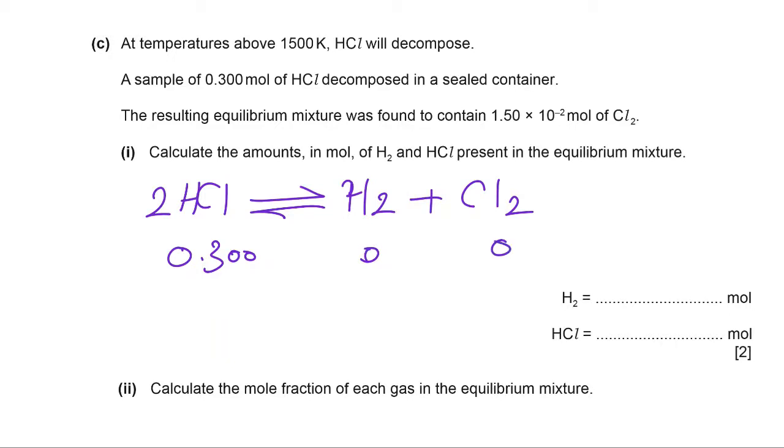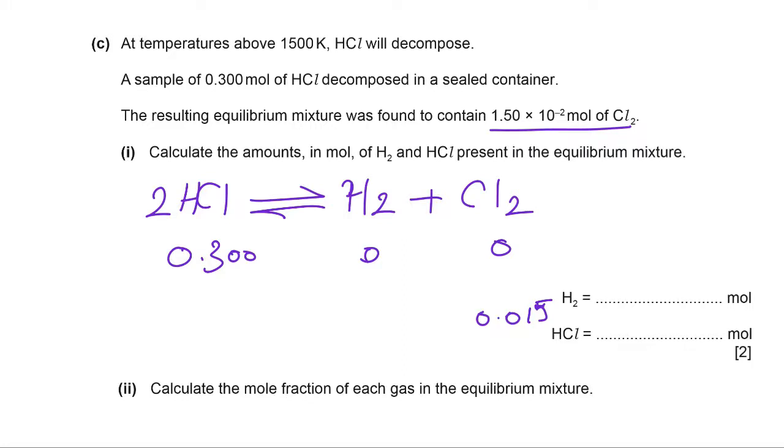At equilibrium, the resulting mixture was found to contain 1.5 times 10 to the power minus 2, that means 1.5 over 100. That means at equilibrium, chlorine is 0.015 mole.